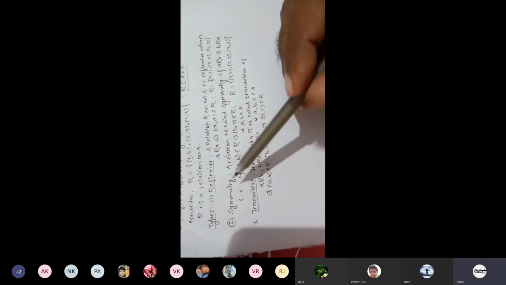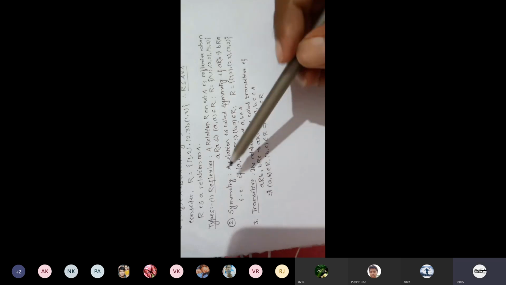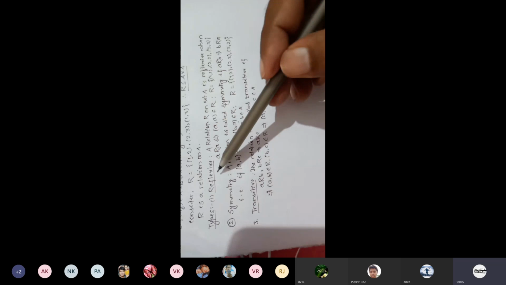A, B belongs to R, B, C belongs to R implies A, C also belongs to R. So there are three types of relation which you require here: reflexive, symmetric and transitive. I think it is clear to all of you. Any doubt? No, sir.